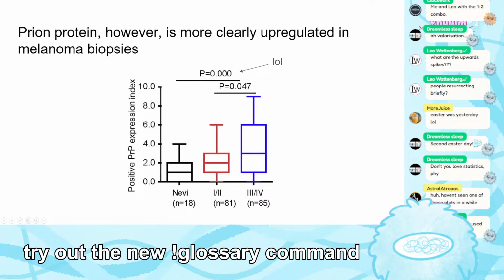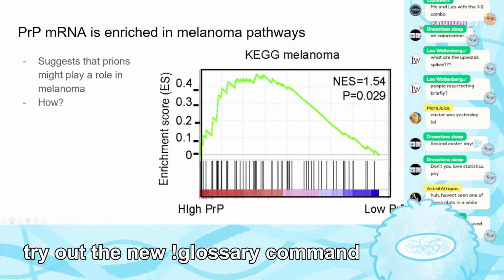And I think that is a lot more convincing than the RNA stuff. So what the heck is going on, right? So we have this correlation between the amount of prion protein in a melanoma and highly metastatic cancers.